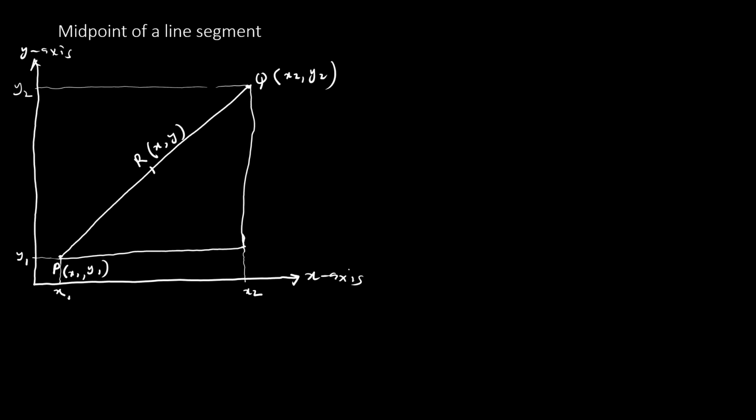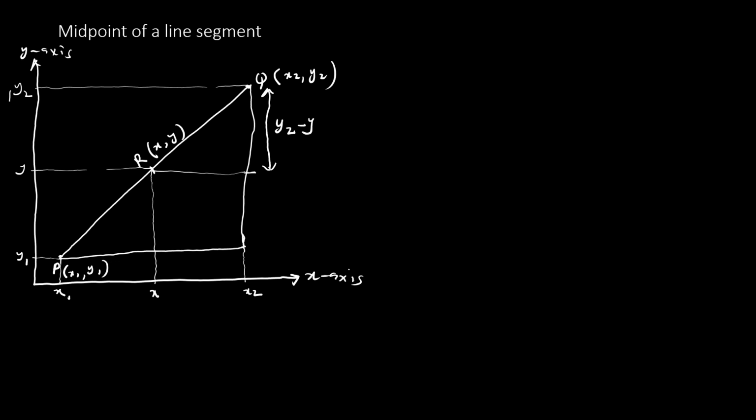So let's try to get the coordinates of R. If you have its own traces like this, with x here and y here, we can say that this length equals y2 minus y.